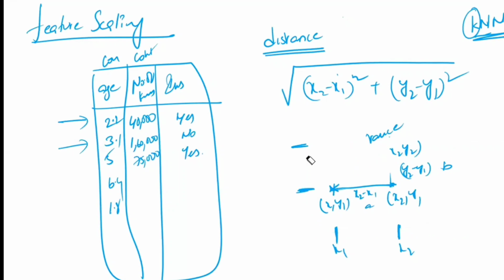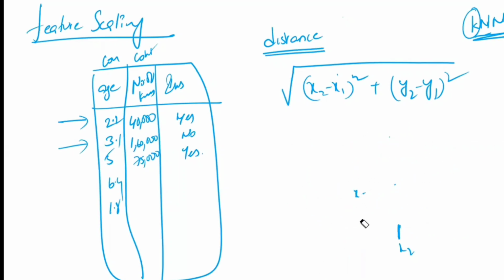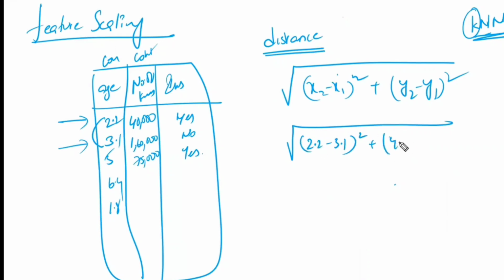Now, for example, if you calculate the distance between record number 1 and record number 2, what is the distance between the first record and the second record? It is (2.2 minus 3.1) whole square plus (40,000 minus 1,60,000) whole square.